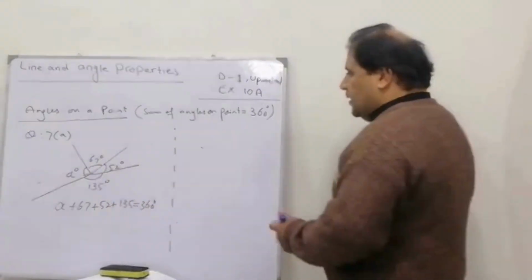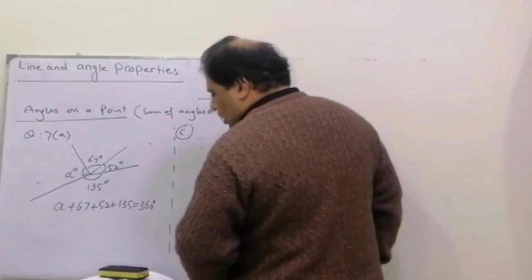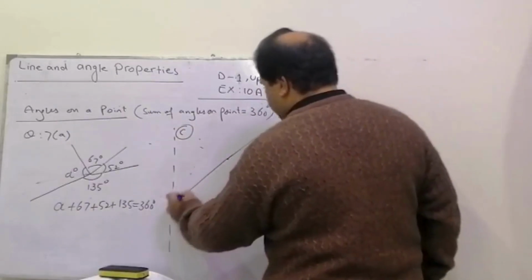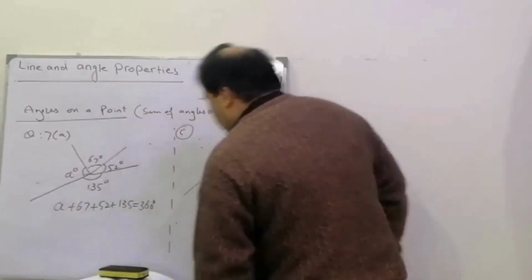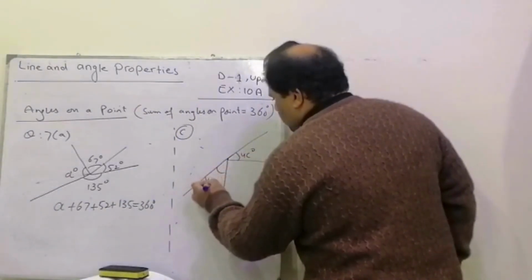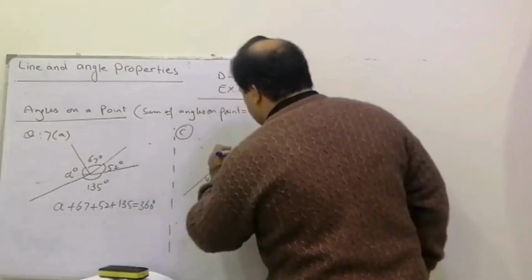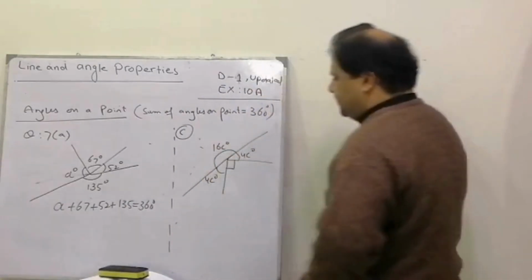Now, one more thing. If you have a question like this, I'm solving part C. See, one thing: more than one variable type angles are here, and there is a box.